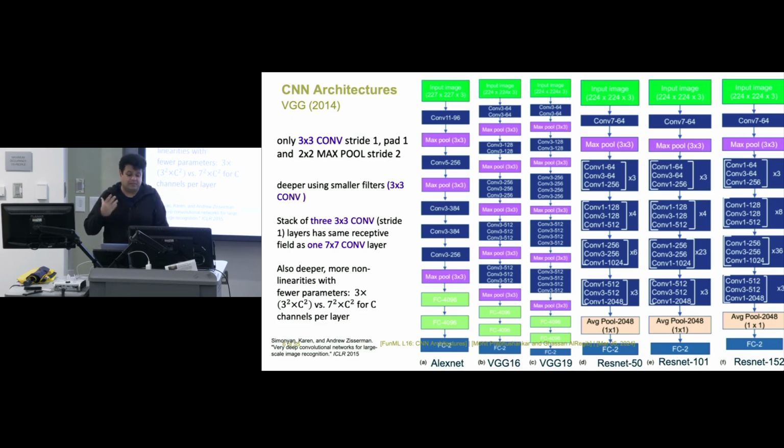Now, the way you can increase the size of receptive field is either increasing the size of the convolution kernel itself, which is done in AlexNet with conv11, or you can stack one on top of the other, which is what is done in VGG16. So this allows VGG16 to have the same receptive field as AlexNet, but instead of having these 11 cross 11 kernels, it does it by stacking 3 cross 3 kernels one on top of the other.